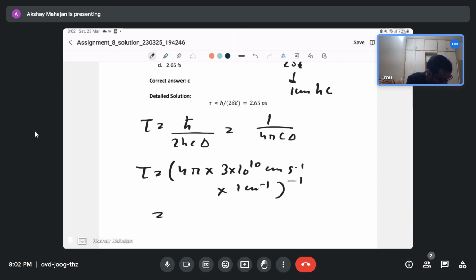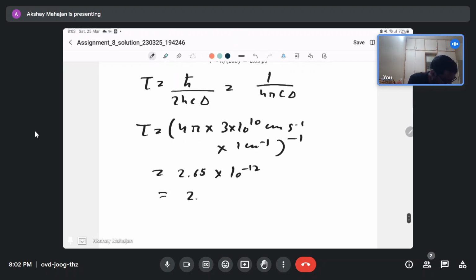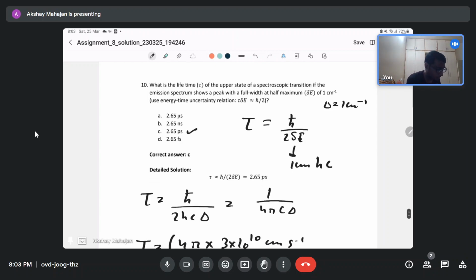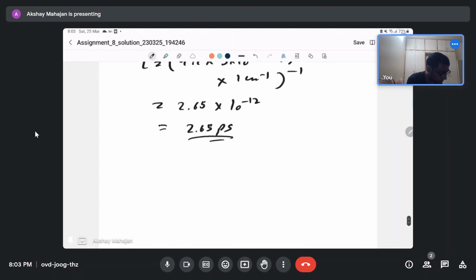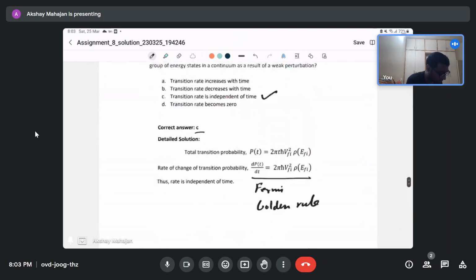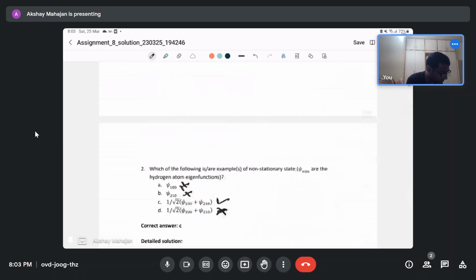So if you calculate this, I just calculated, you will get 2.65 times 10 to the power minus 12, which is pico. 10 to the power minus 12 is picosecond, and that is our answer, 2.65 picoseconds. Alright, so we solved a similar problem in our sample problems as well. So you can solve this, and those are all the problems from assignment number 8.